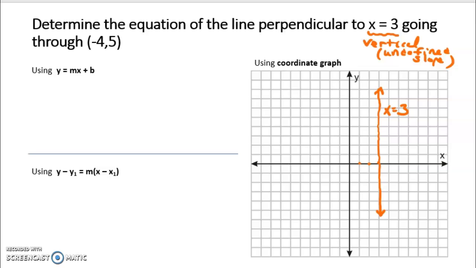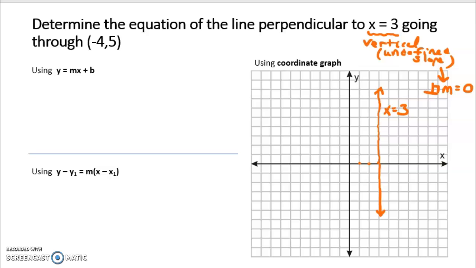If x equals 3, that means the opposite reciprocal slope is going to be perfectly horizontal. So imagine going straight through there like that. So let's go ahead and write it like that. Undefined slope, which means your reciprocal slope is going to be 0.